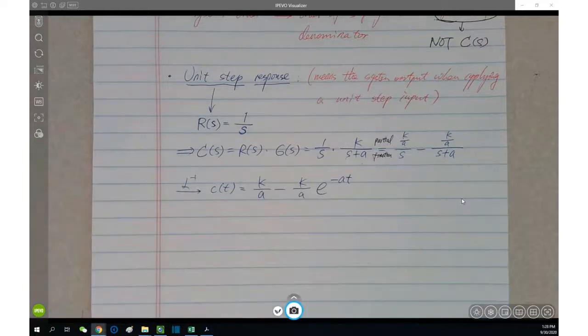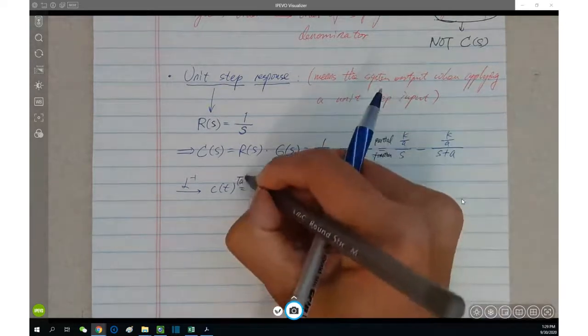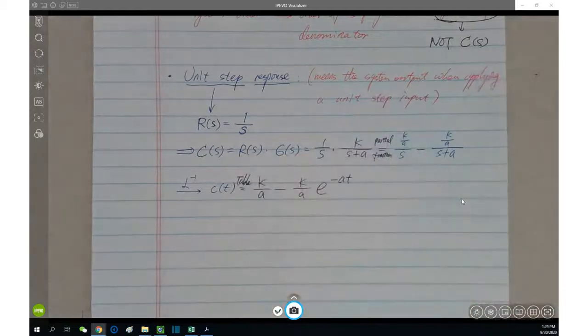If the handout is beside you, you can take a look yourself. This is doing nothing but using the table.